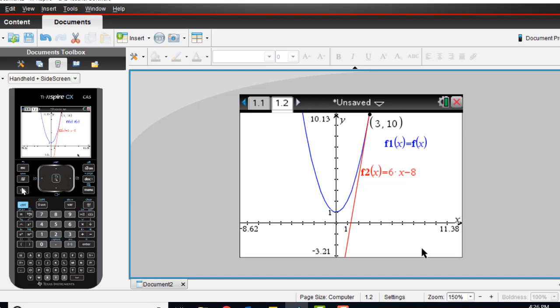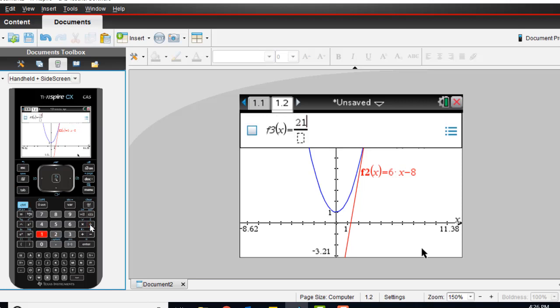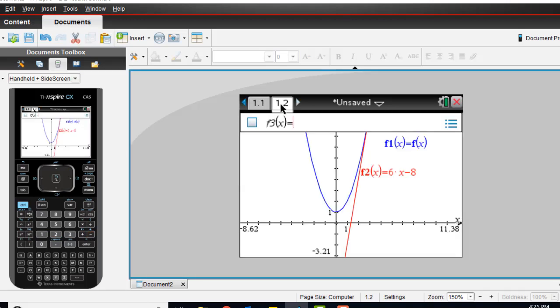Let's go tab, control divide if you want the fraction symbol, 21 on 2 minus x on 6, like this.